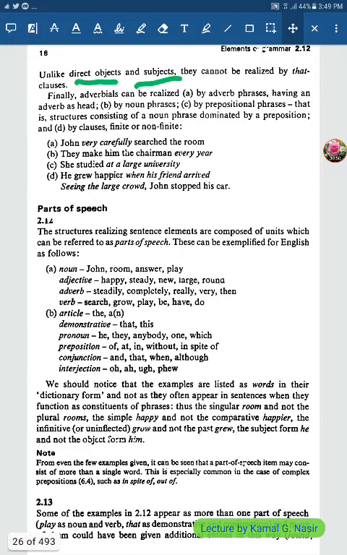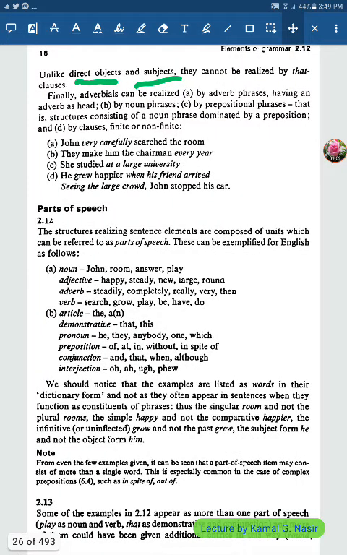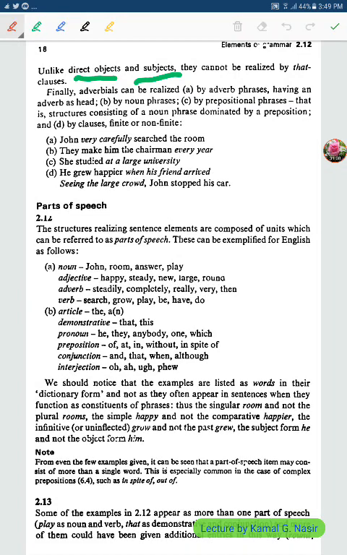By that clause. The direct object and the subject can be released by that clause, but the indirect object is unlike them.